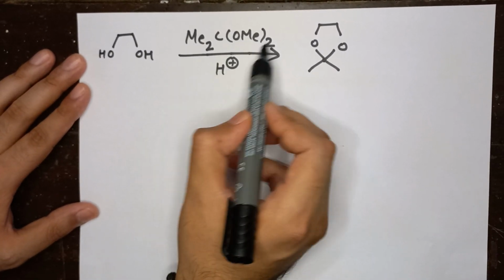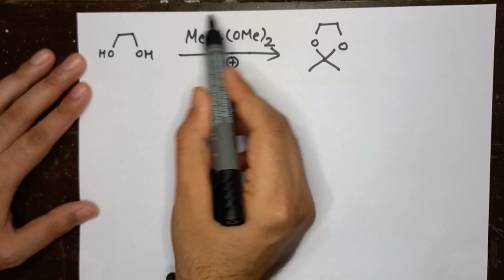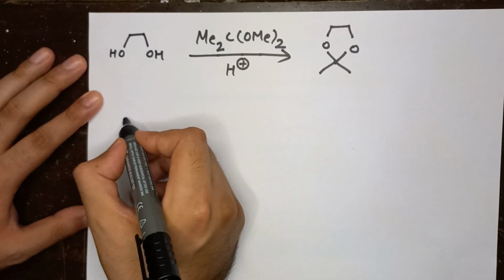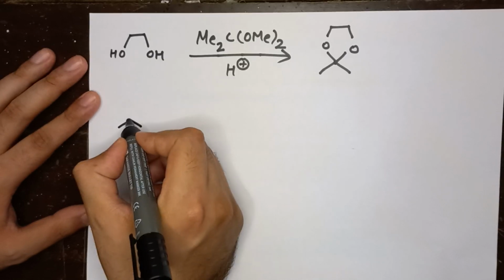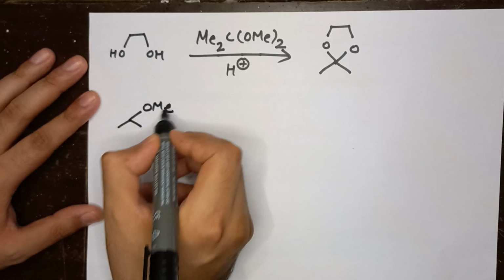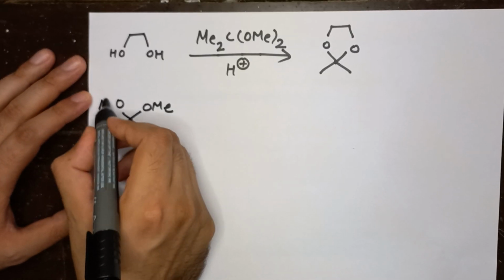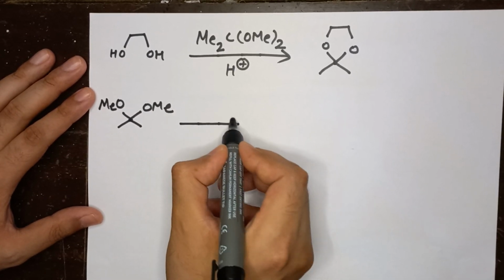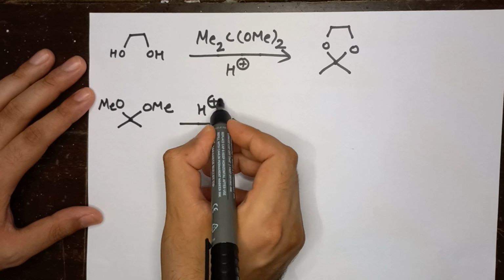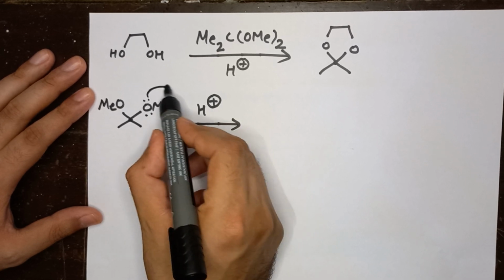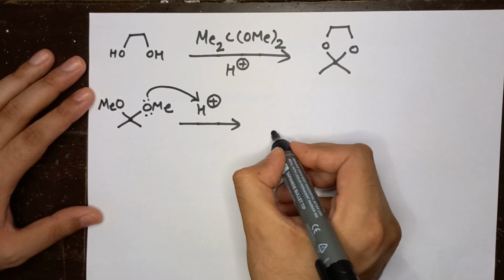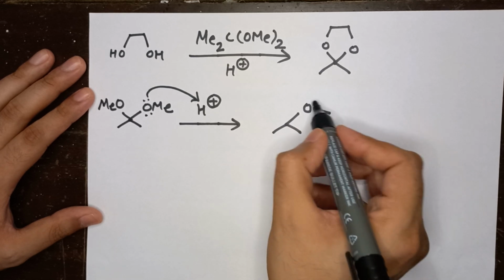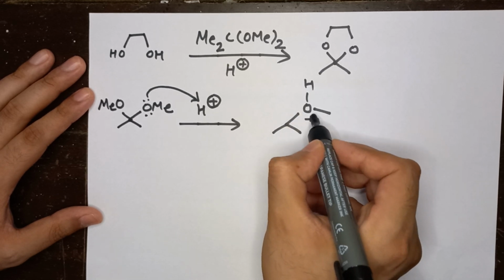So what is the proper structure of this reagent? That is nothing but a carbon bearing an OMe and an OMe. We have H plus ions in the reaction. So this oxygen lone pair will grab this proton, and we have OMe bonded with hydrogen and bearing a positive charge.